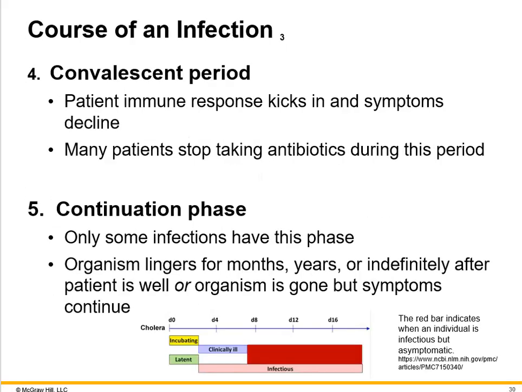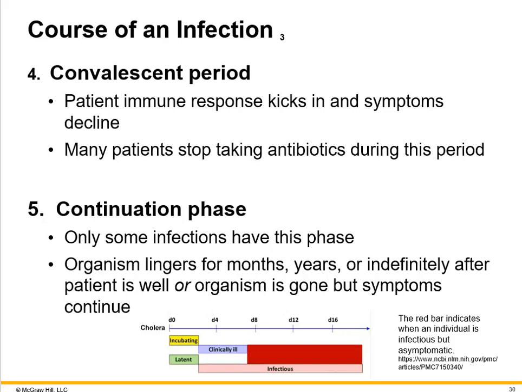Now, during the period of convalescence, pathogen replication decreases and the patient starts to feel better. The patient may still be infectious though, even though they feel better. Sometimes people who are taking antibiotics to treat a bacterial infection may prematurely stop taking their medication during this period.